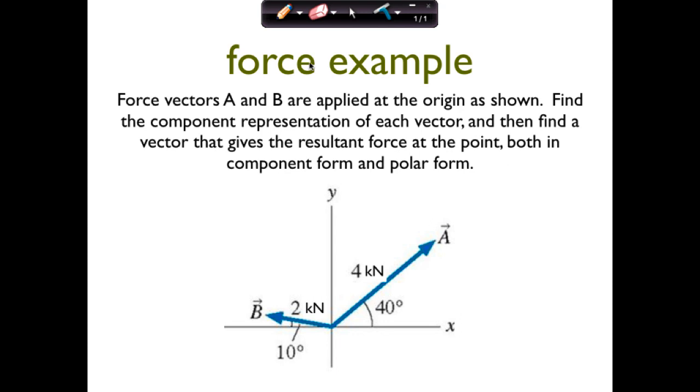Okay, so you guys keep working, and I'll just ask you guys, what'd you get for the components of A? 40 cosine. And what'd you get? 4 cosine. B is?